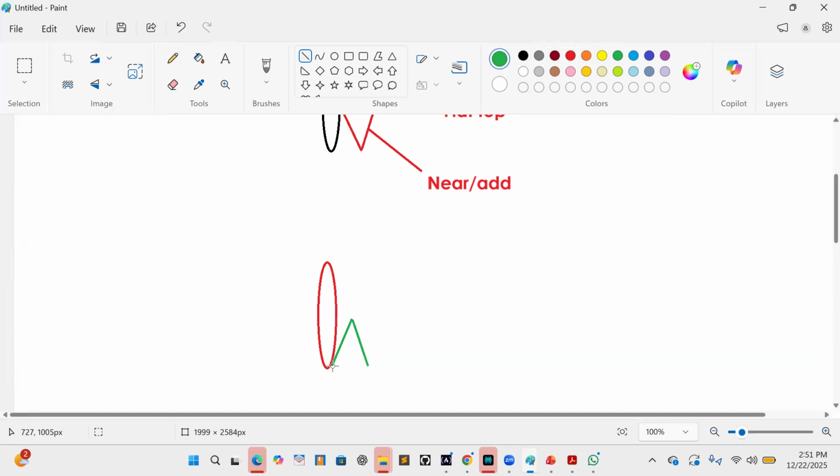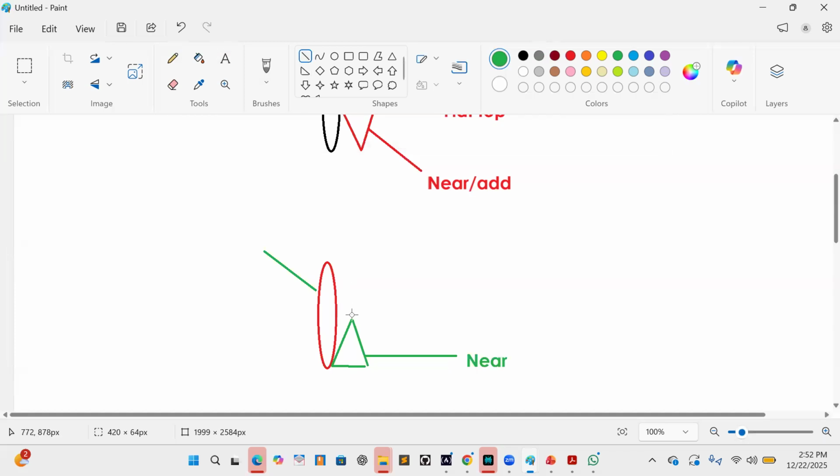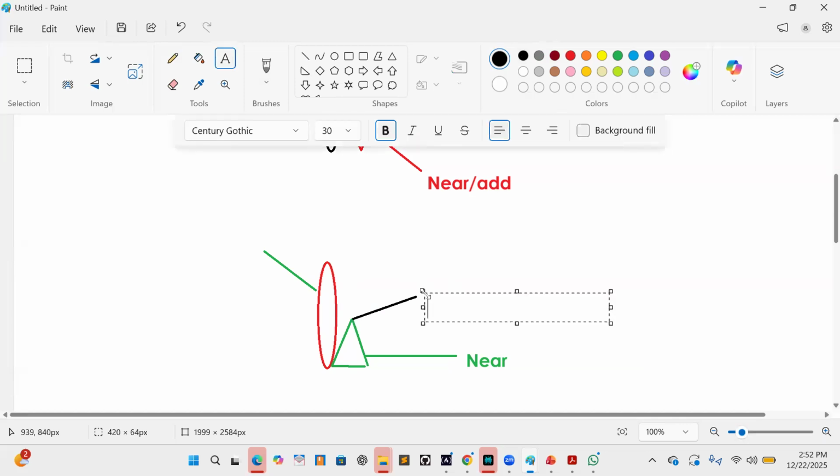Again, this will be the distance that we mentioned, then this here is the near. And this will be the round top.